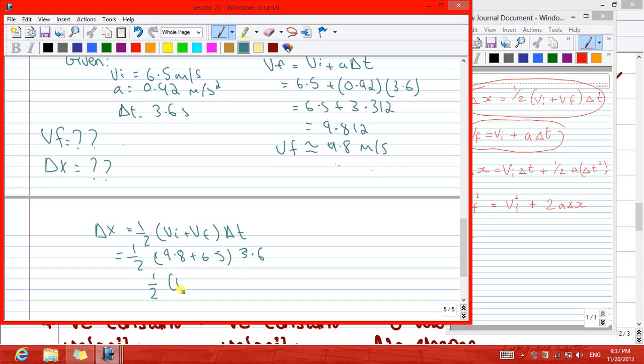So half, and we have it here as 16.3 times 3.6. You can even use the calculator to make it easier if you have some complications.